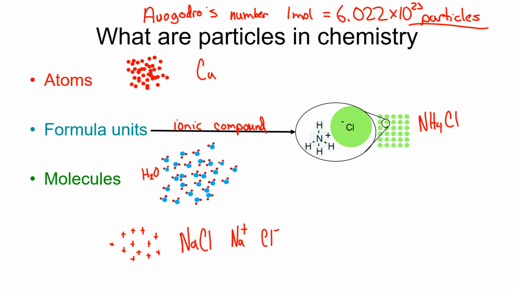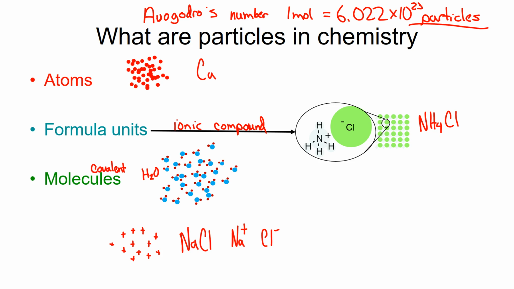Molecules would be for covalent compounds like water. So molecules is always going to be related to covalent compounds. So if I ask about particles of a covalent compound, your unit would be molecules then.